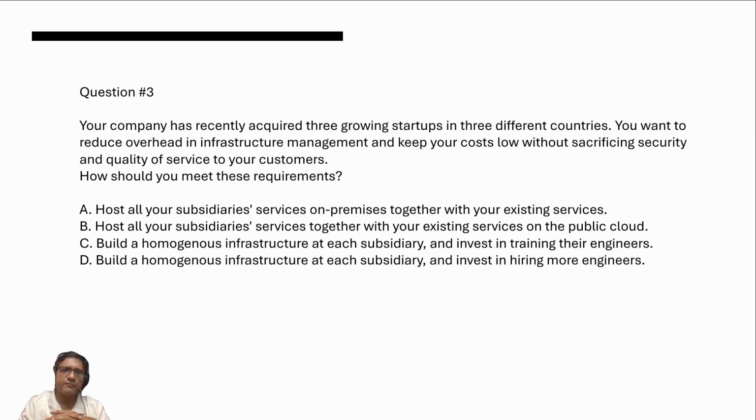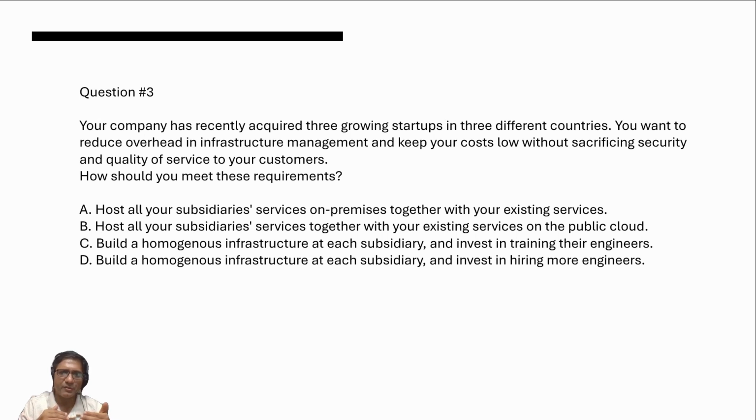Option D, build a homogeneous infrastructure at each subsidiary and invest in hiring more engineers. So I've read all 4 options. You are building new infrastructure for all 3 of them. The first option is doing it on premise in your own environment, and B, C, and D are also doing the same thing.